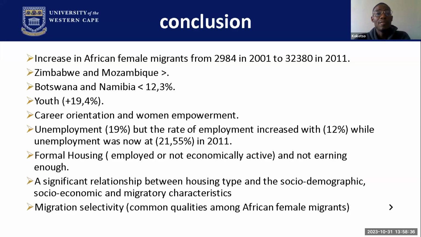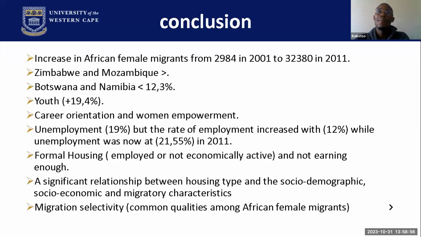Most were in their youth years, and from 2001 to 2011 there was a 19.4% increase. This is because, as I've said before, most migrants were starting to become career oriented.